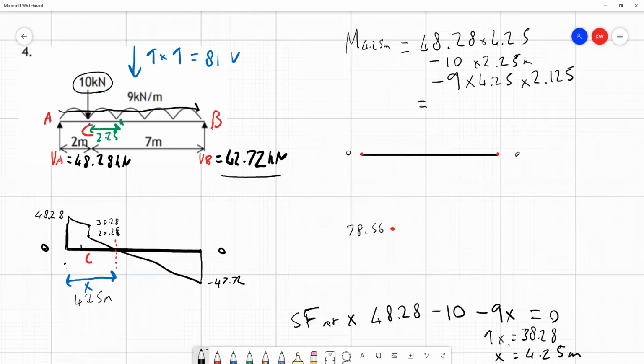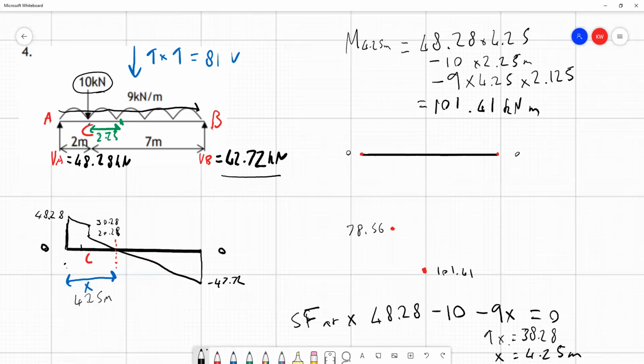This gives us 101.41 to 2 decimal places kilonewton meters. So if we mark this on our diagram here, this gives us a point. I'm doing this approximately, but that's 78.6 we've marked already. This must be somewhere around here, which is 101.41. And that's going to be the highest the bending moment gets.